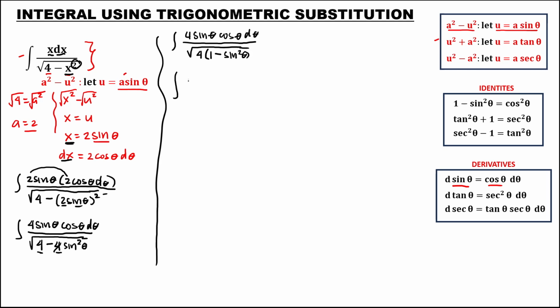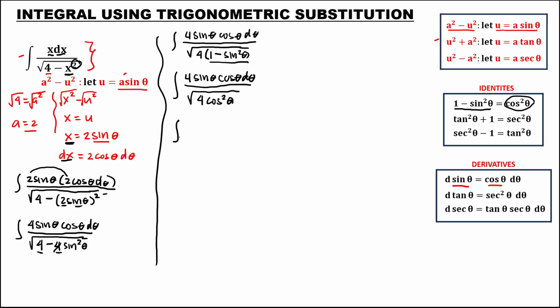Then this becomes the integral of 4 sine theta cosine theta d theta over the square root of 4, and this 1 minus sine squared theta, using this identity, is equal to cosine squared theta.